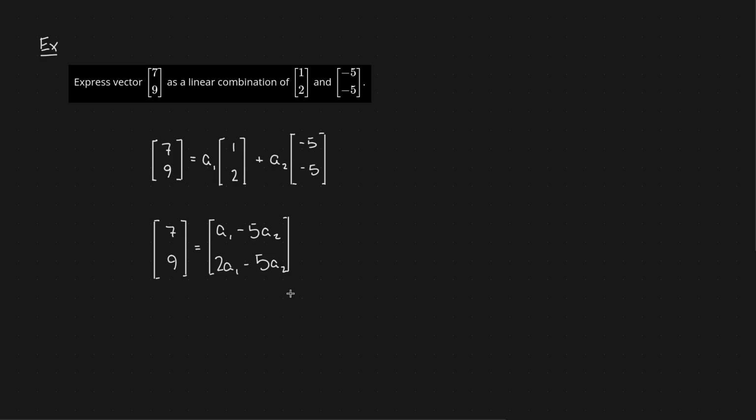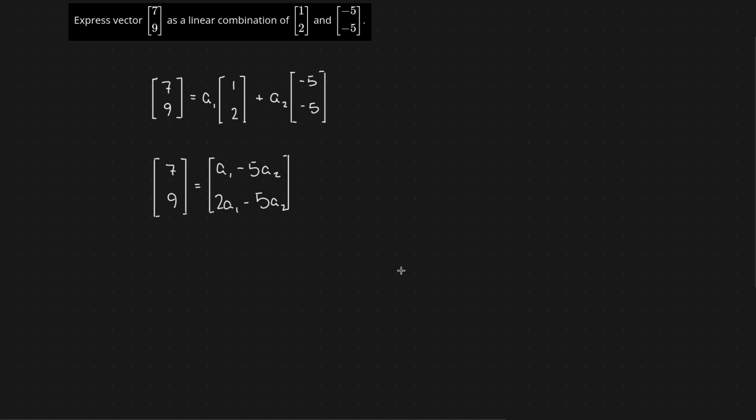Now, I'm going to break this apart. I'm going to equate the corresponding components. So if I equate the first component of the vector on the left side of the equation with the first component of the vector on the right side, I get 7 equals a1 minus 5a2.